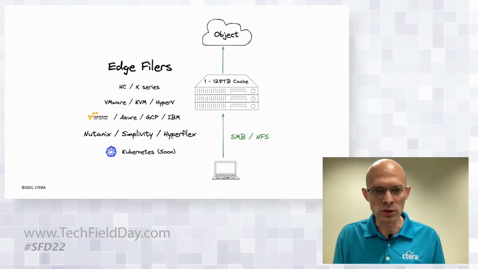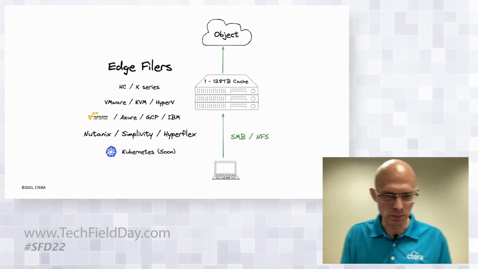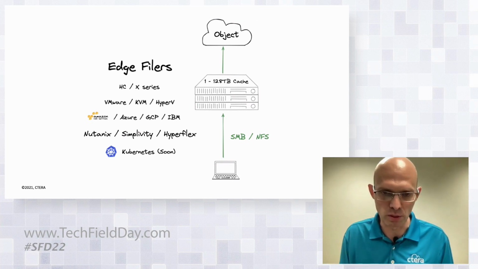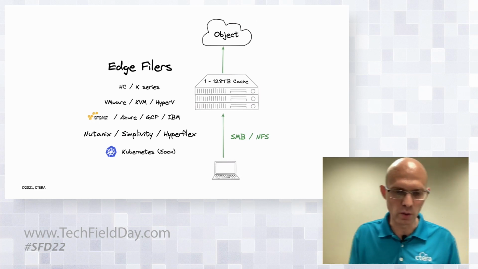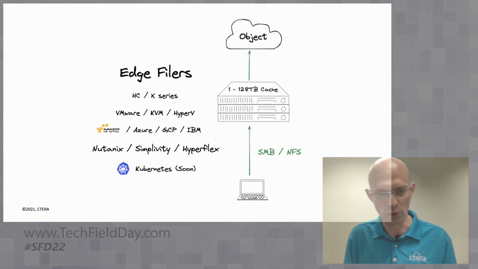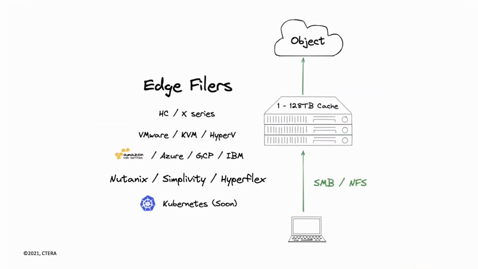In addition to the hardware that you can buy from CTERA, actually most of the customers buy the virtual appliances. And we really have a very wide variety of places where you can run them. You can run them on premises, in VMware, KVM, Hyper-V. You can run them in the cloud. We have editions fully certified for AWS, Azure, Google Cloud, and IBM Cloud.